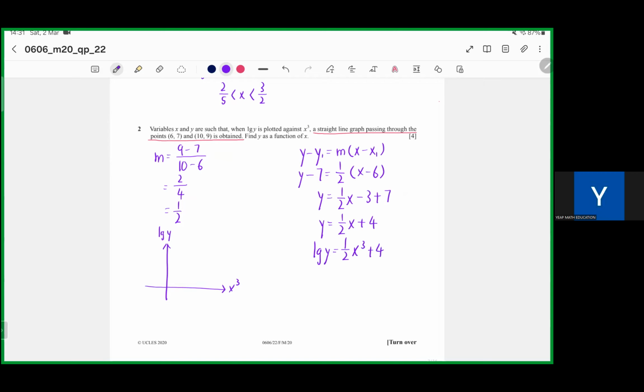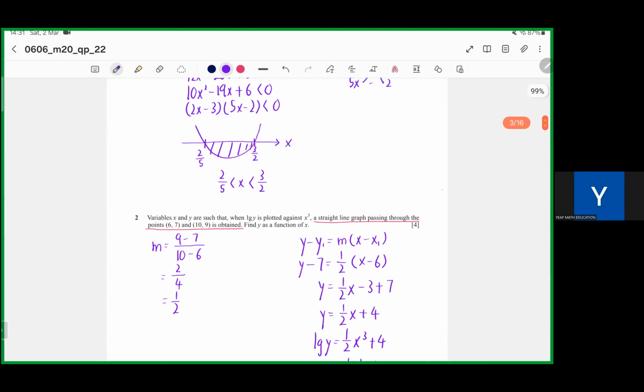Now the final answer requires y as a function of x, so we can put y equals 10 to the power of 1 over 2 x cubed plus 4. This is for question 2.